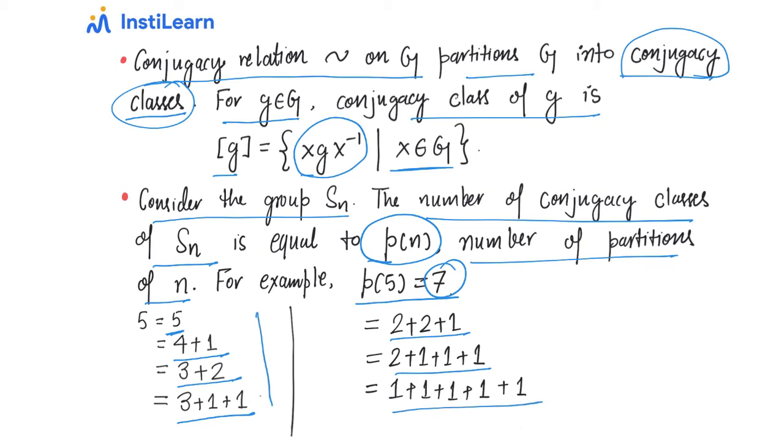So these are 7 ways to partition 5 into positive integers, and hence p of 5 equals 7, and hence S5 has 7 conjugacy classes. This way you can find the partition number of any n, and you can find the number of conjugacy classes in Sn.